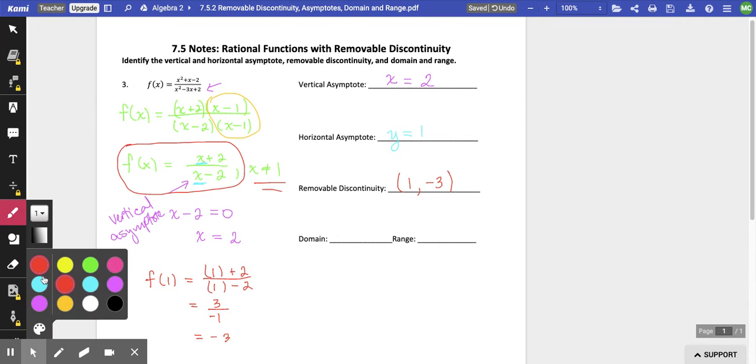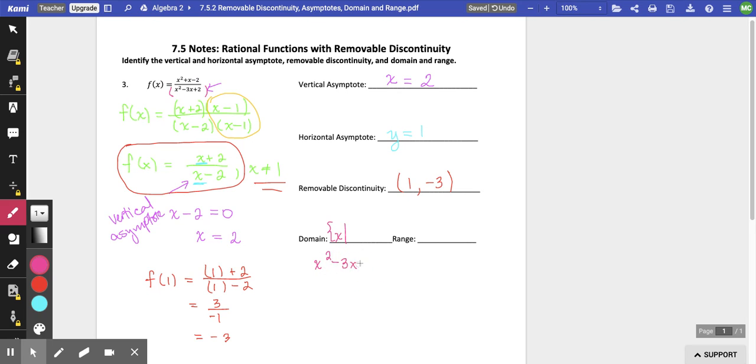Okay, lastly, we're going to add on domain and range now to this. For the domain of these functions, the domain is any real number except for those values of x that make the denominator of your original function equal 0. So if I went back to the original and set it equal to 0, the way to solve that would be to factor it, which we already did once.